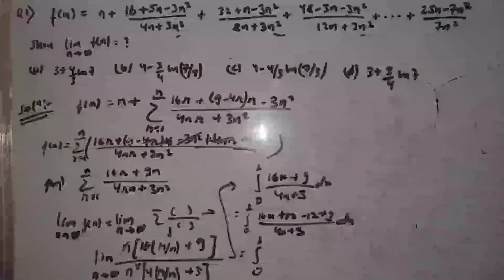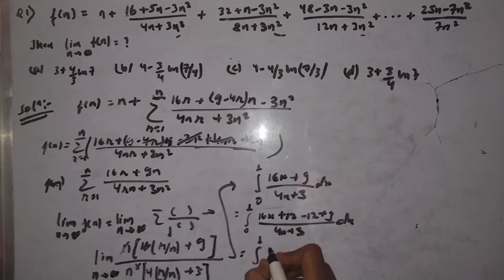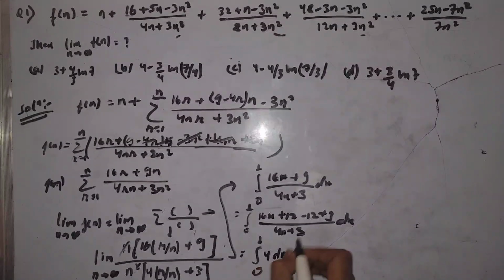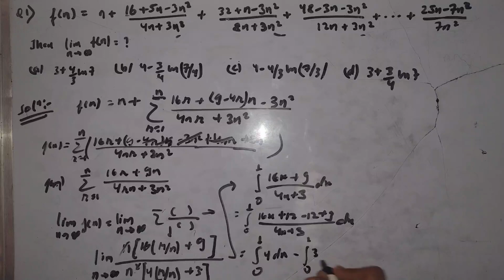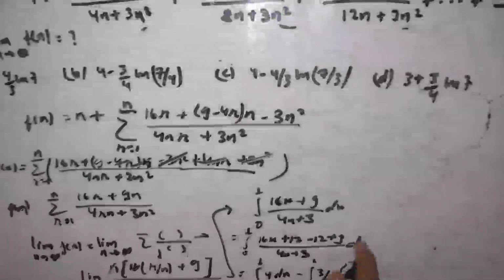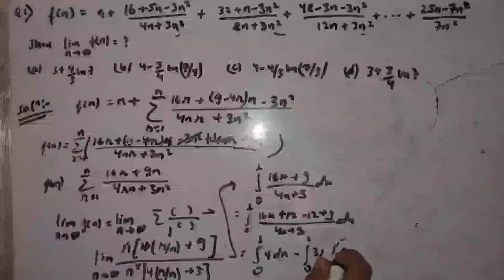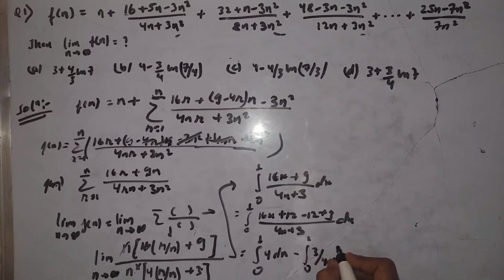So we can simply write 4 dx for this particular thing, and we can write minus the integral from 0 to 1 of 3 upon 4x plus 3 dx.